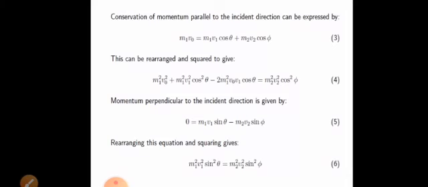Initially the particle was at rest, so the momentum is 0, and the final momentum will be different. Then rearranging and squaring the equation, it becomes m1 square v1 square sin square theta equals m2 square v2 square sin square phi. Then adding equations 4 and 6, you get a very small equation, which is equation number 8.